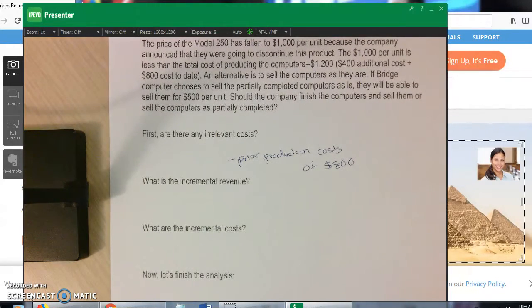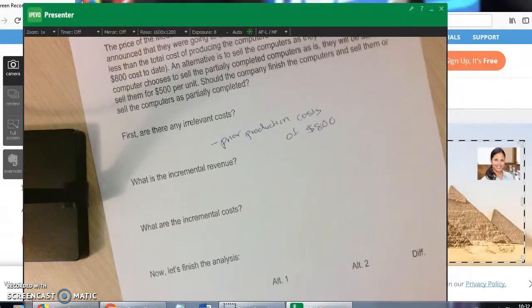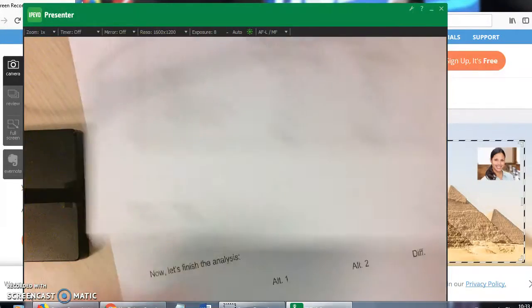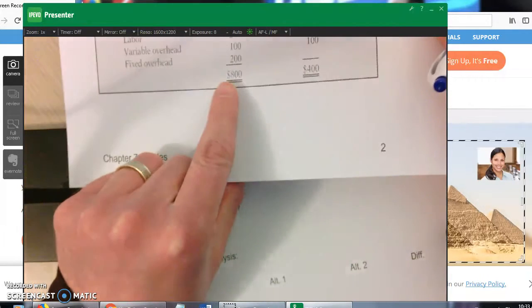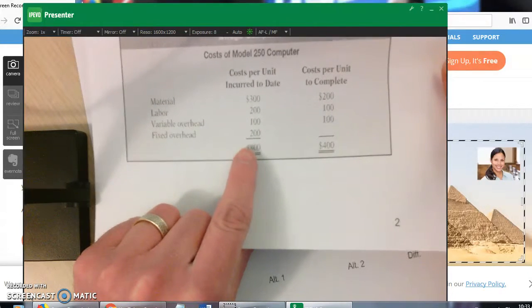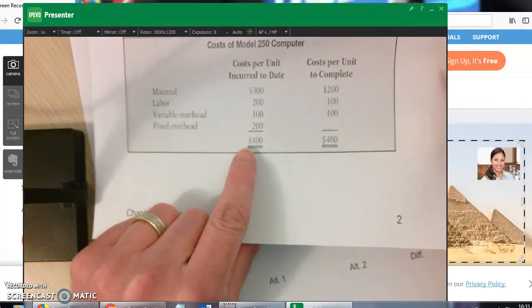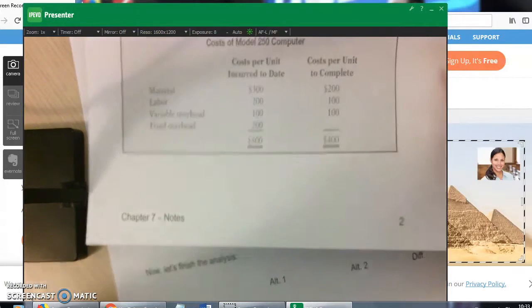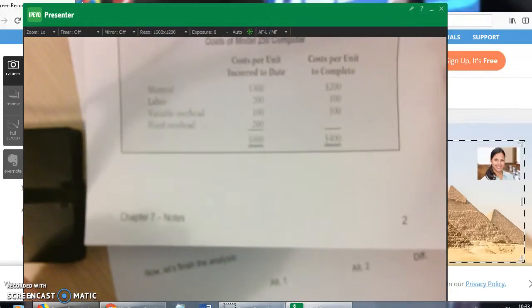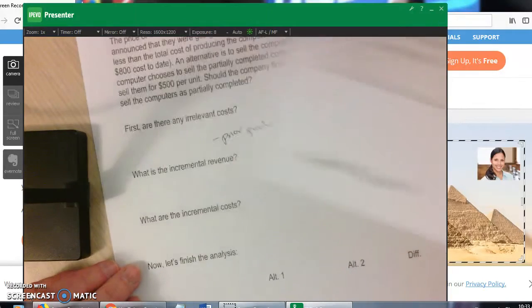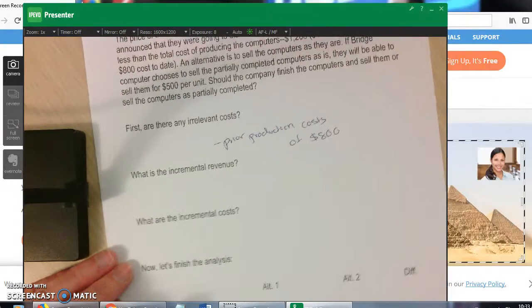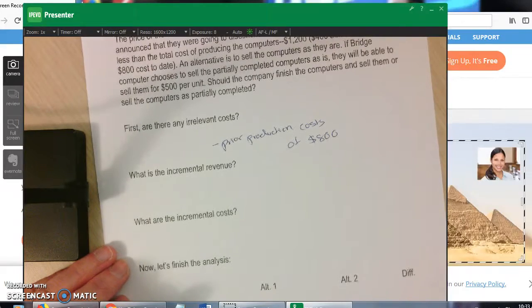So if you look at this prior page right over here, this $800, we will incur this $800 regardless of whether or not we sell the computers in the partially completed stage for $500 or we fix them up and sell them for $1,000 for each computer.